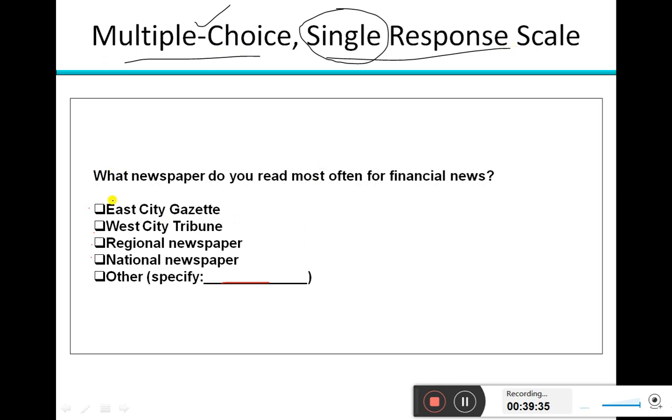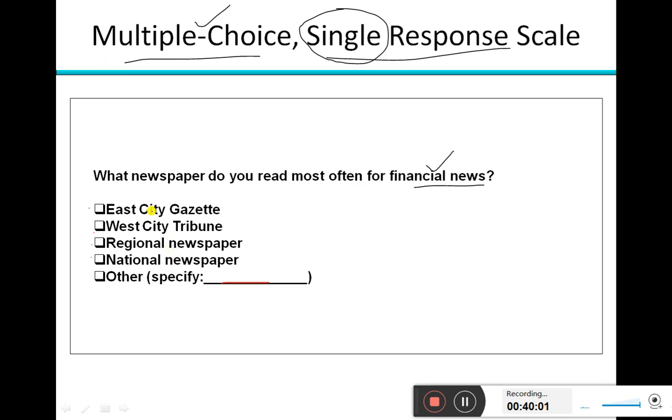Now look here. I have a question: what newspaper do you read most often for financial news? To know about financial news, what newspaper do you prefer? You have multiple newspapers: City Gazette, West City Tribune, regional newspaper, national newspaper, other (specify).